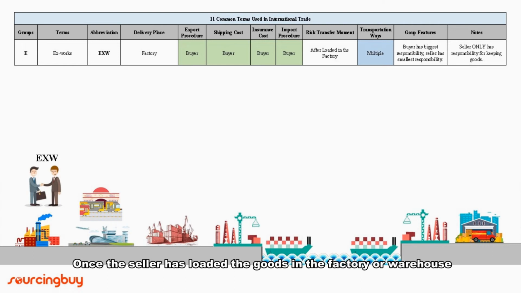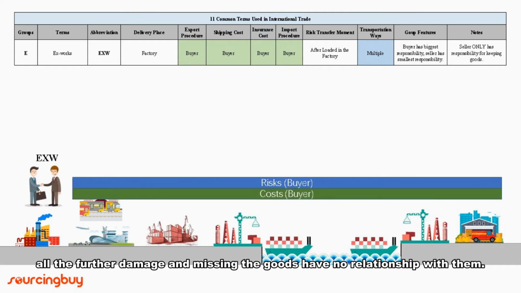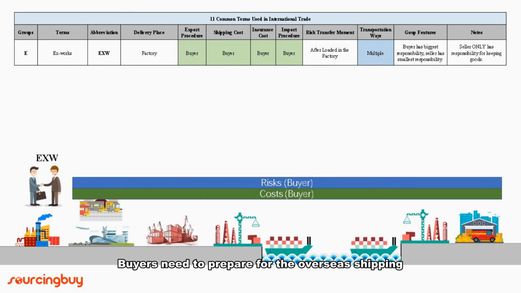Once the seller has loaded the goods in the factory or the warehouse, they do not have any responsibility for the goods. All future damage and loss of the goods have no relationship with them. Buyers need to prepare the overseas shipping, insurance, and the export and import procedures by themselves.